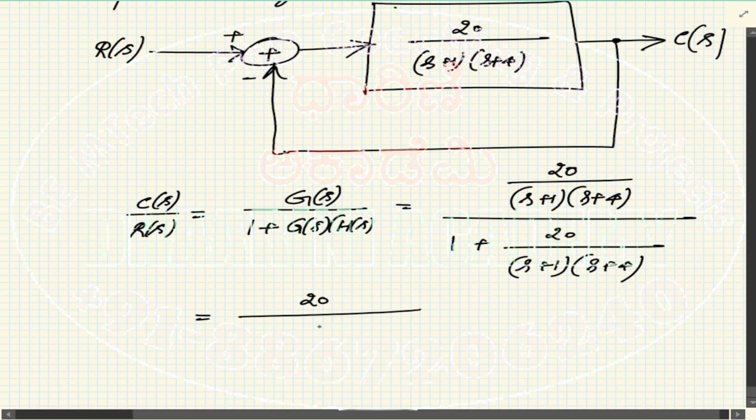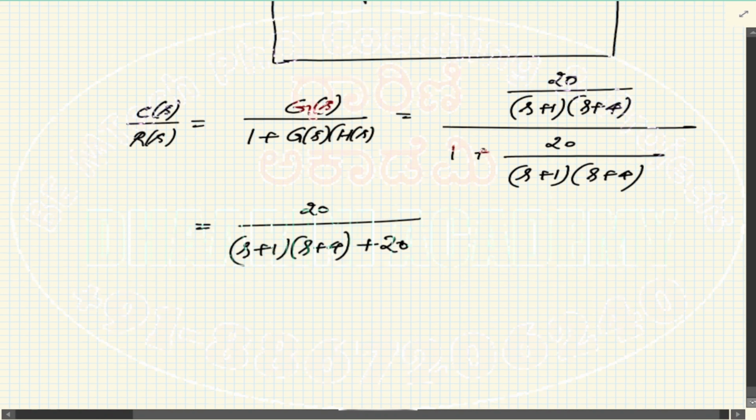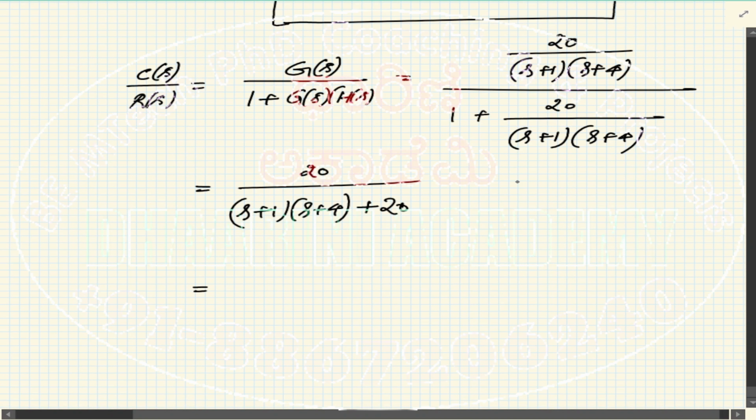Okay, right. So 20 divided by, we have s plus 1 into s plus 4 plus 20, correct? Okay, so we want this in the following format, because we want to get the values from the equation.